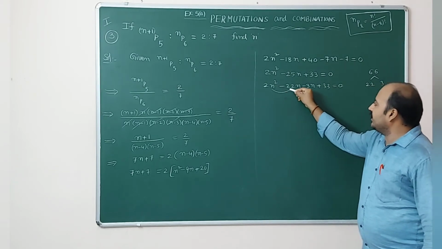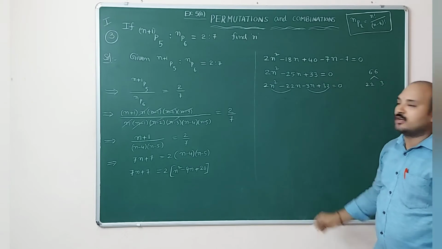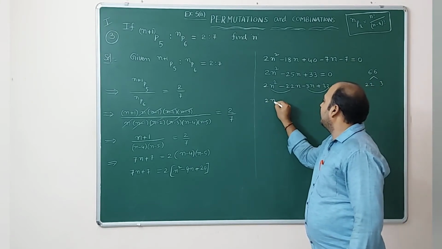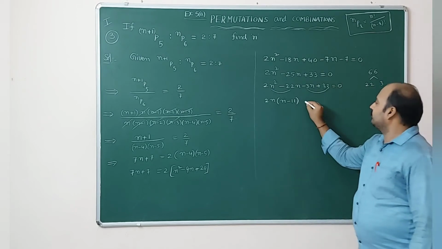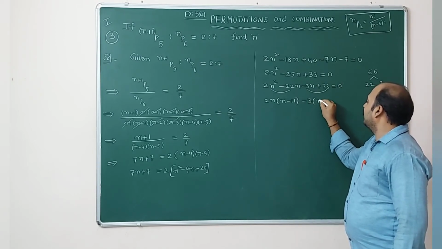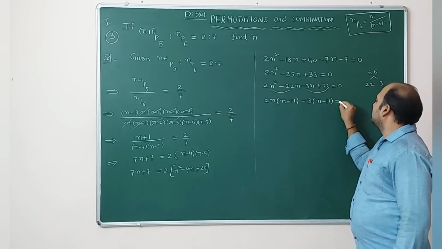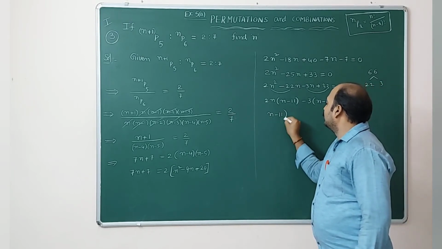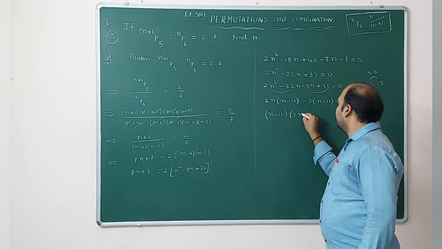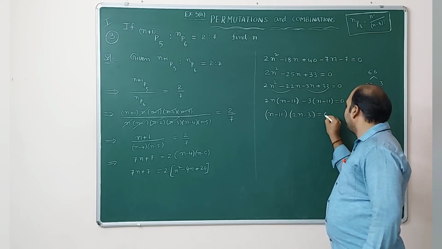From these two, 2n take common, from these two, minus 3 take common. So 2n into (n-11) minus 3 into (n-11) is equal to 0. So (n-11) into (2n-3) equal to 0.